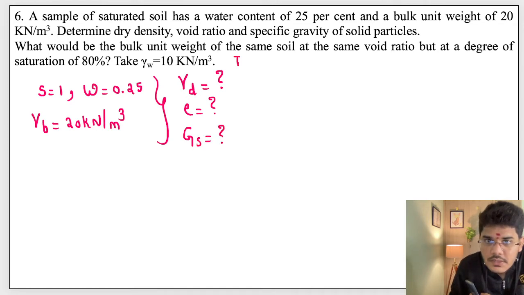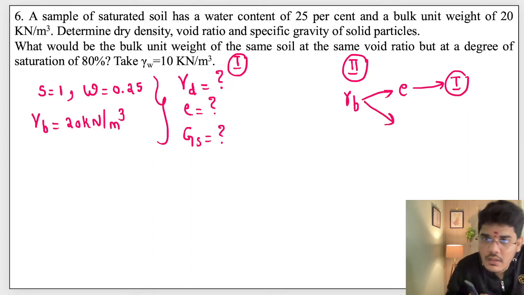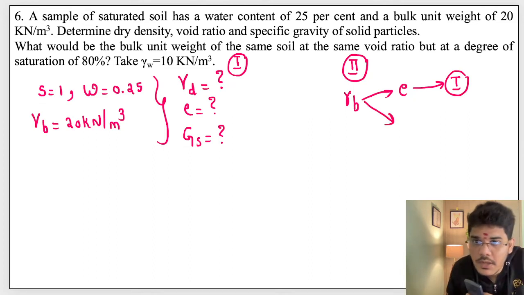This is the first part of the question, and the second part is also there. What would be the bulk unit weight, that means gamma b, he has asked. What would be the bulk unit weight of the same soil, at the same void ratio, that means whatever void ratio we have calculated from part 1, but at a degree of saturation of 80%.